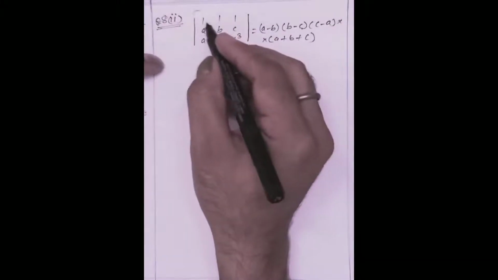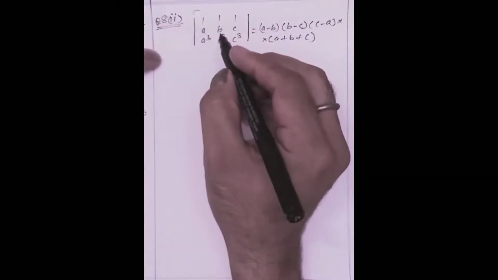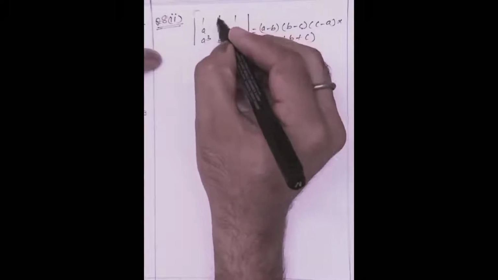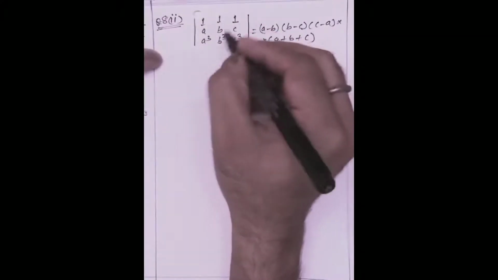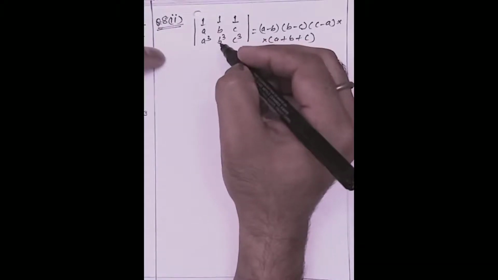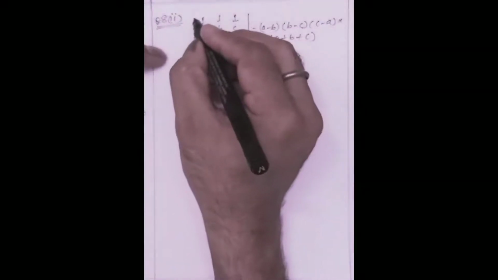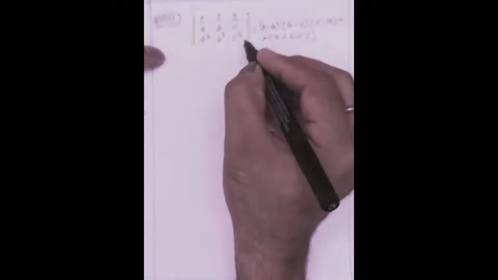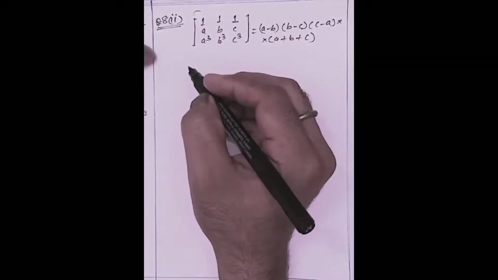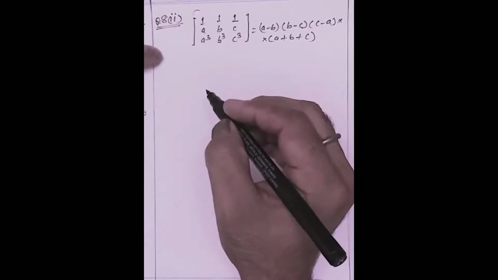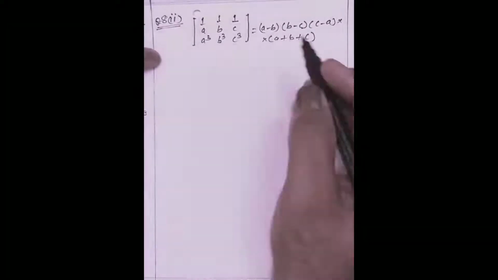So look here, as I told you in the previous question, our prime aim is to get as many zeros as possible at different points. But one interesting thing you need to learn over here: as I gave an operation in the previous question, that C1 plus C2 will change C2 plus C3.